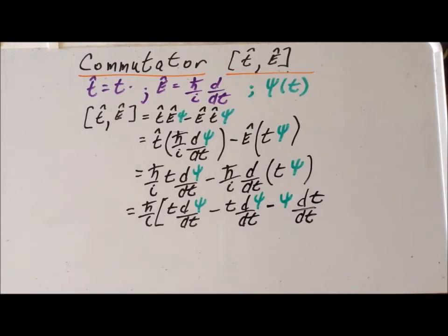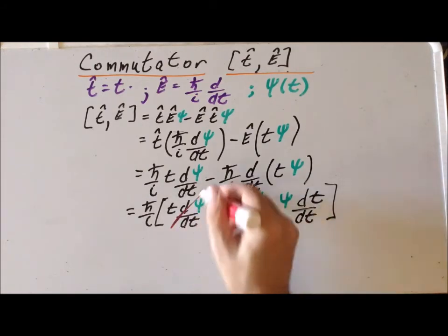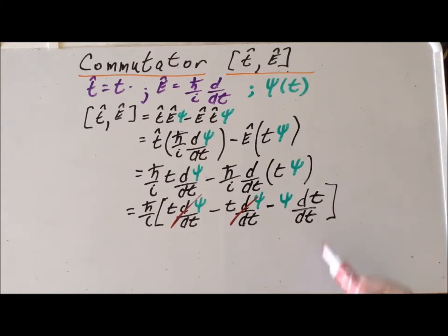And right away we can do a good deal of simplification. t times the first derivative of psi with respect to time minus t times the first derivative with respect to time. These add to 0, so they cancel out. We also know from the rules of calculus that dt dt is simply equal to 1.